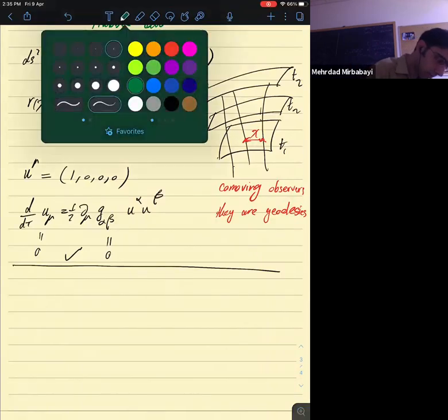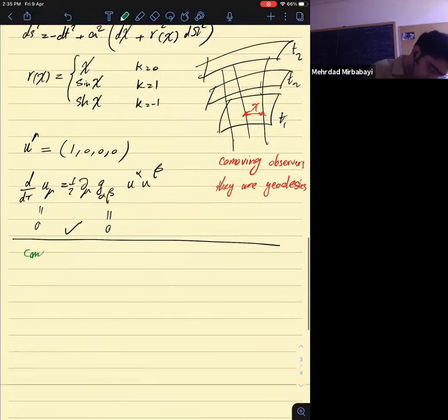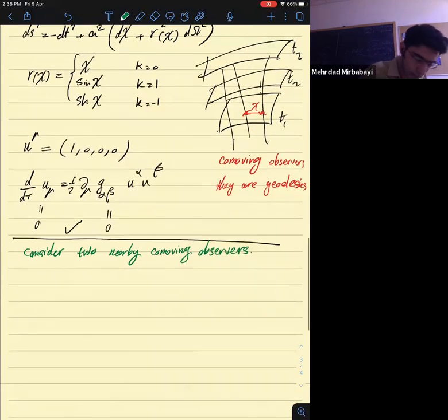So consider two nearby co-moving observers, say at 0 and chi.